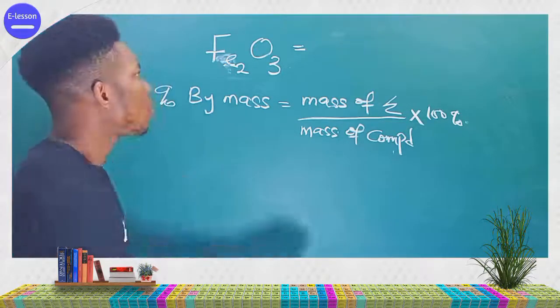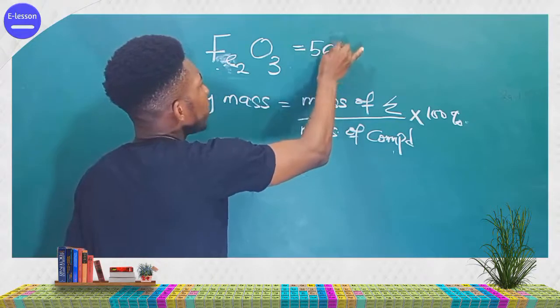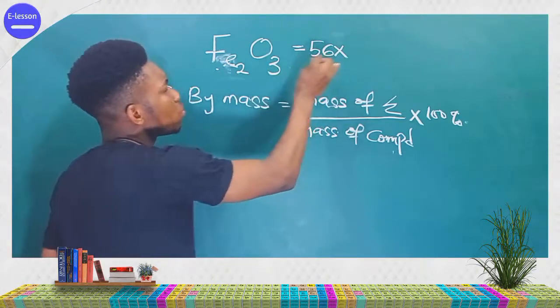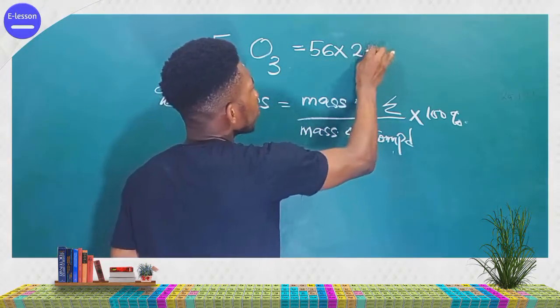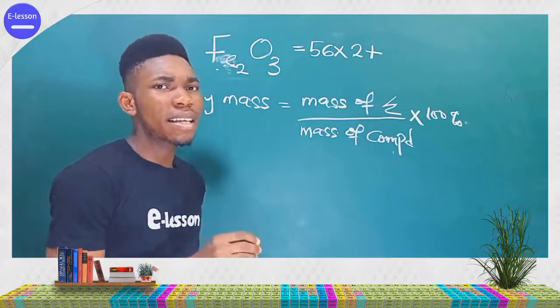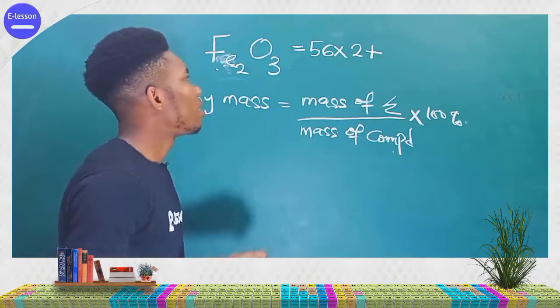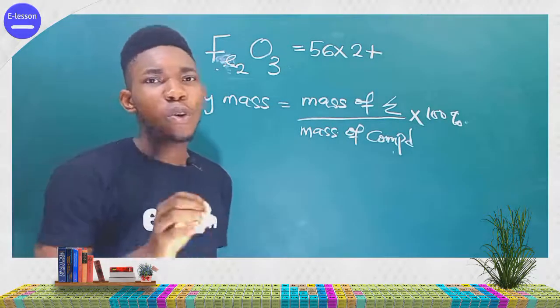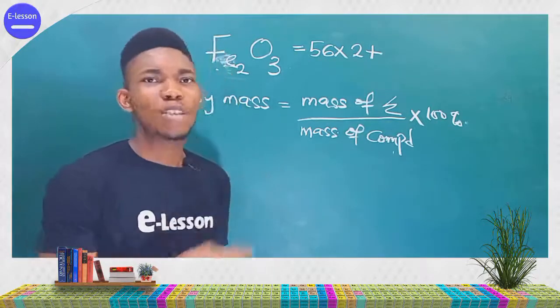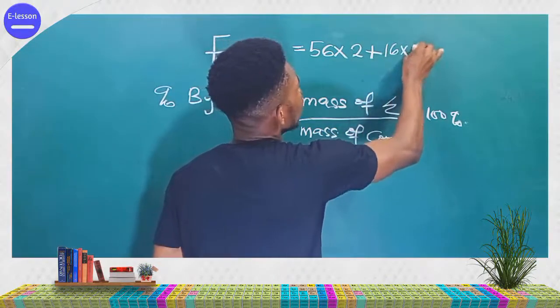Adding all, what are we going to have? That of iron is 56. How many atoms of iron are there? 2. So we have 2 plus that of oxygen, which is 16. How many oxygens are we having here? We are having 3 oxygens. So you're going to have 16 times 3.